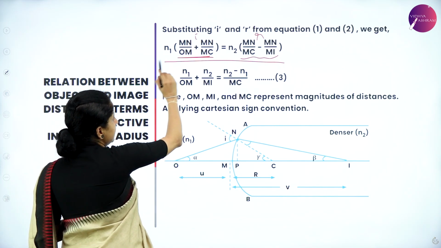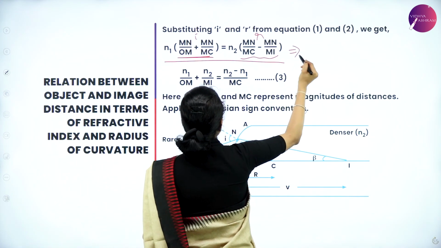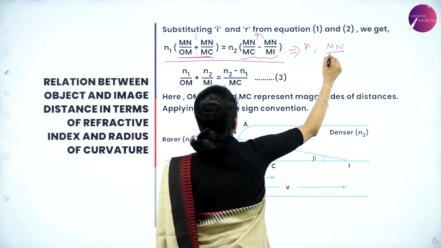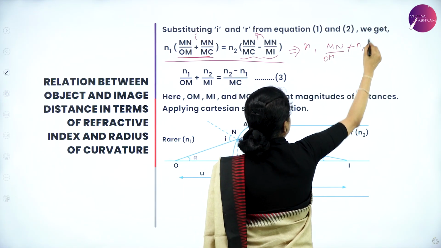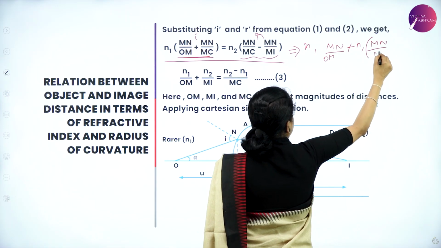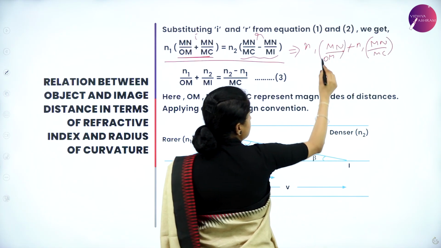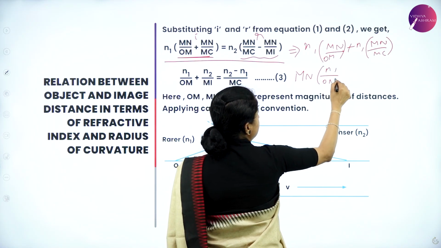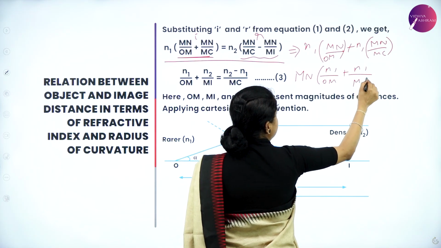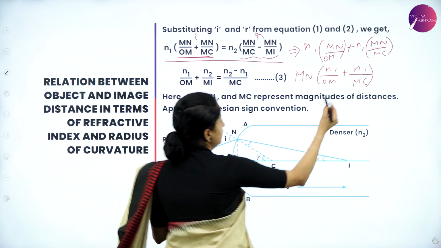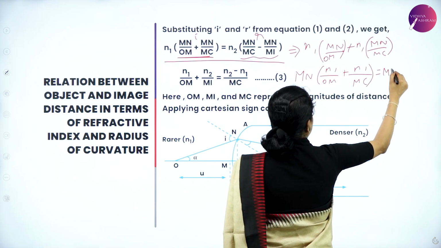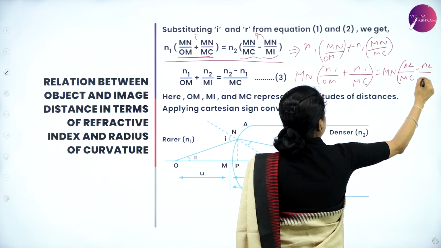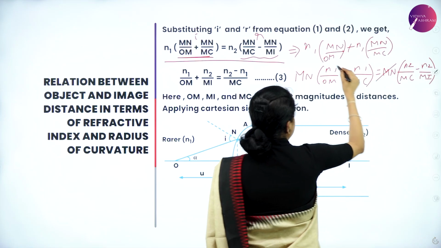Now multiply this with all the terms, so you get n1 MN by OM plus n1 MN divided by MC. So take MN common here. So you get n1 by OM plus n1 divided by MC. Similarly here you get MN common and you will be remaining with n2 divided by MC minus n2 divided by MI. So MN gets cancelled.